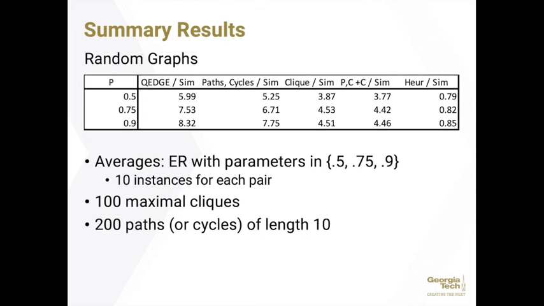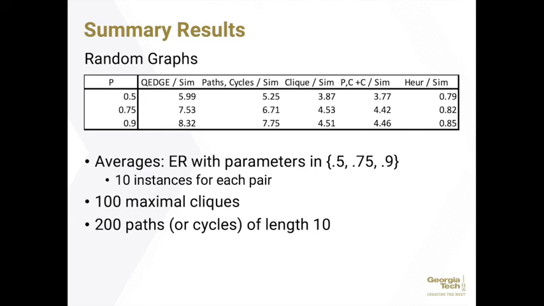What the columns represent are, first, Q edge, which is just optimizing over that simple edge-based relaxation we presented. Paths and cycles is Q edge strengthened by path and cycle cuts, which came from generating 200 random paths of maximum length 10 within the graph, and then, if possible, doubling back to the first node to make it a cycle.